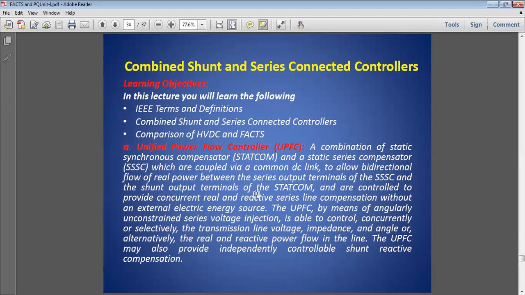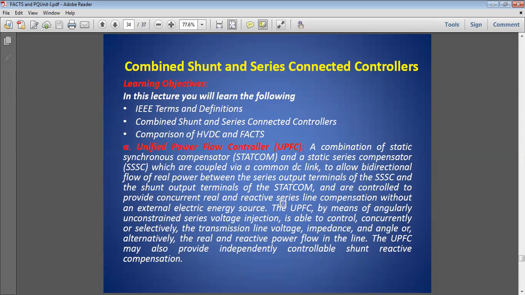So we are providing a DC link between the shunt and series, which is used for reactive as well as active power control, to allow bidirectional flow of real power between the series output terminal of the SSC and the shunt output terminal of the STATCOM.